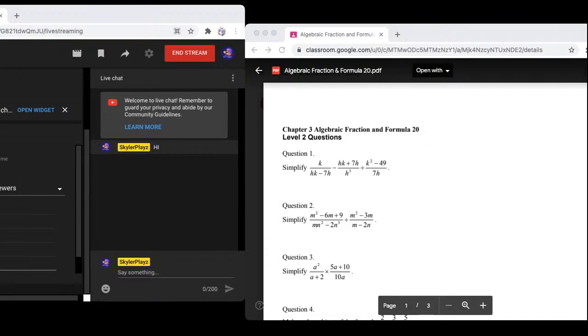Finally, we can get the result: k divided by h and k minus 7 minus 4 divided by k minus 7. Multiply h on both sides of the right fraction, and we will get k minus 4h divided by h, k minus 7. And here's our first question.